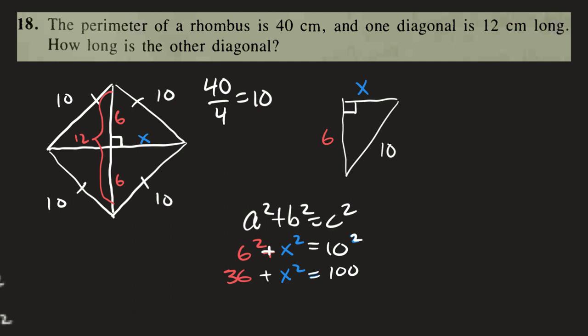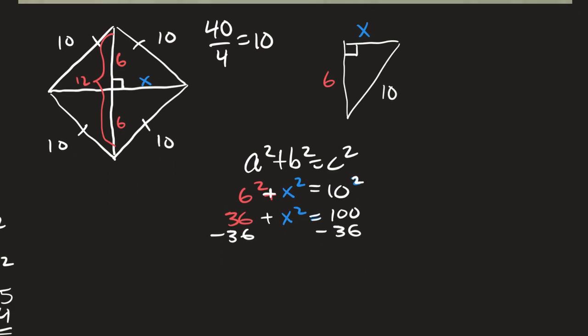So if I were to solve for x, I would have to subtract 36. Let me give myself a little bit of room here. I would have x squared is equal to 100 minus 36, that's 64, I believe. So if I take the square root of both sides, x is equal to 8. 8 times 8 is 64.